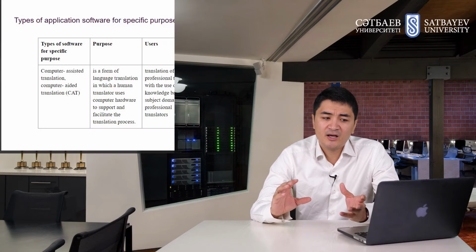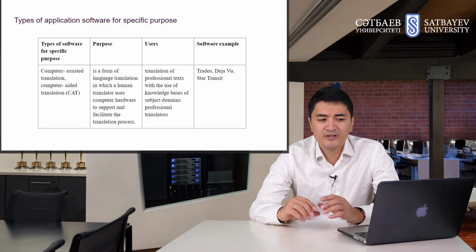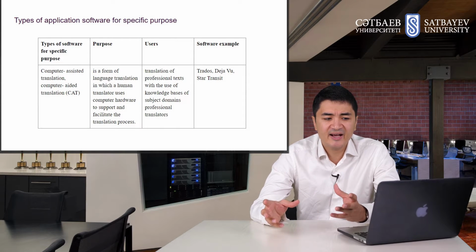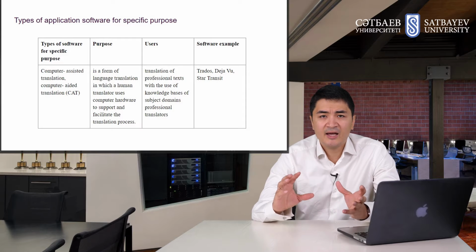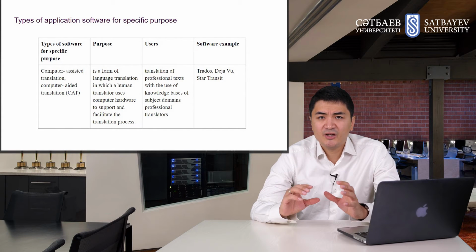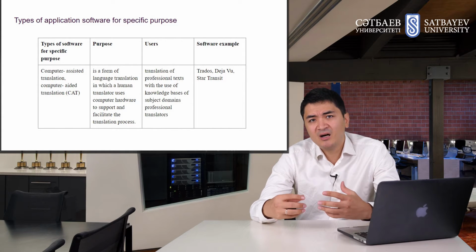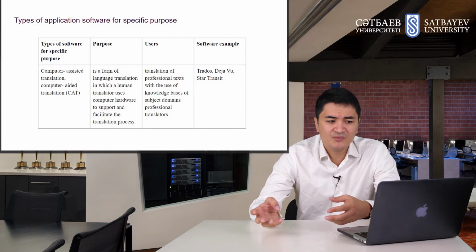And for maintaining this business process, we need specific tools that can easily bring the instruments to transform mathematical formulas into a text and print them according to their logic and positions. The example of such software can be Trados, DjVu, LaTeX, Star Translate, and many others. The users of this software typically are scientists and professors in universities.